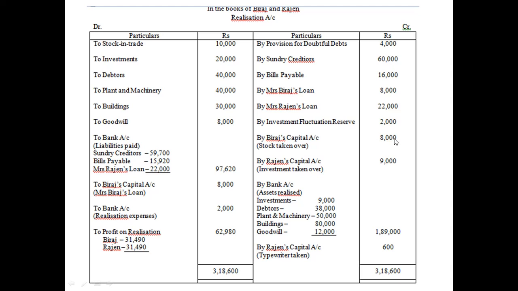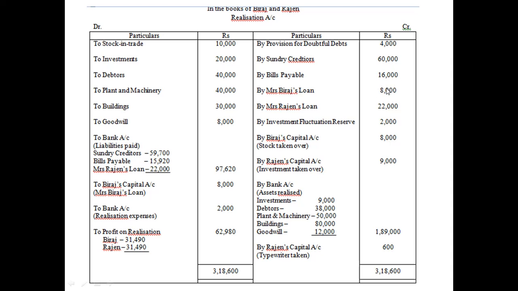Like in question number 36 before, we saw that any payment made to pay off a liability will not be recorded, but this is not the case. Here the firm is not making the payment, but a partner is making the payment. So we have to pay that particular partner, because Mrs. Biraj's loan is an external liability.